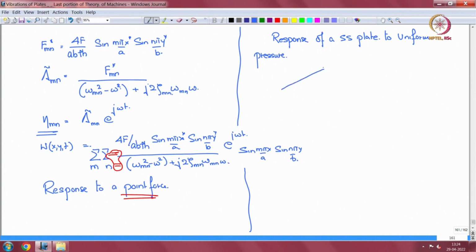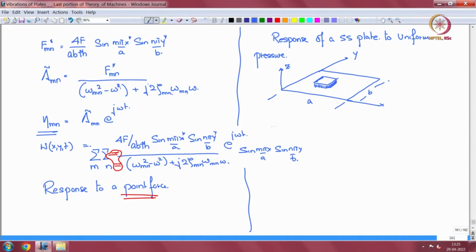I have a plate over here, simply supported. This is X, that is Y, this is Z, this is the A dimension, this is the B dimension, and there is a uniform pressure acting over the plate over some square region.